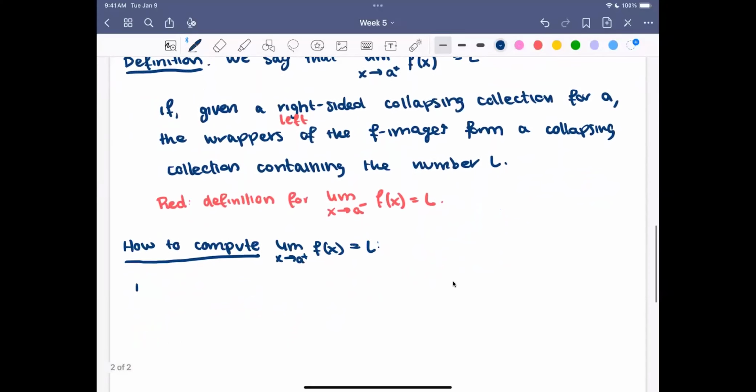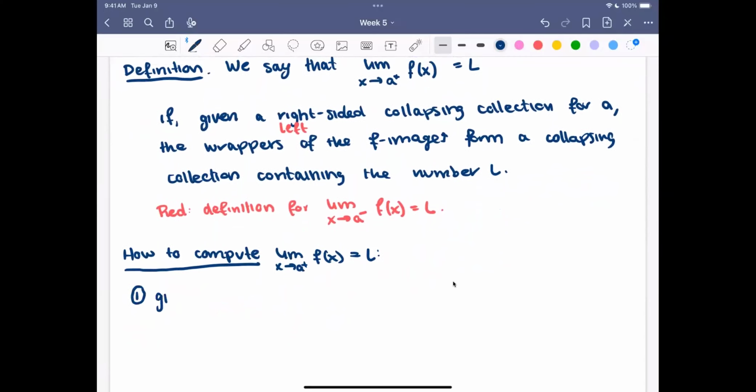So the first step is that we have to give a right-sided collapsing collection for a.